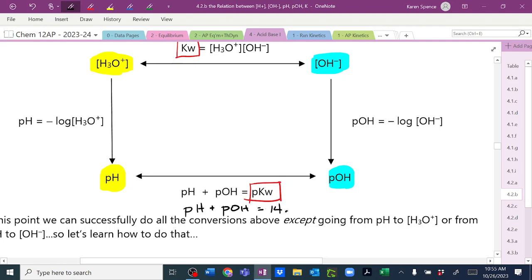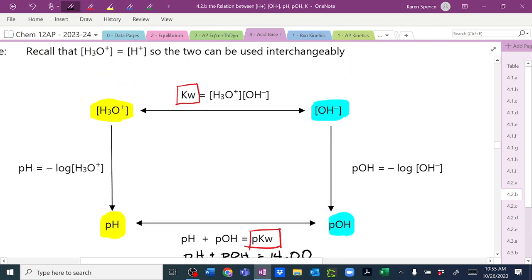And I'm going to put 14.00 because that takes care of the 1.0, 2 sig figs times 10 to the negative 14. Good is good?